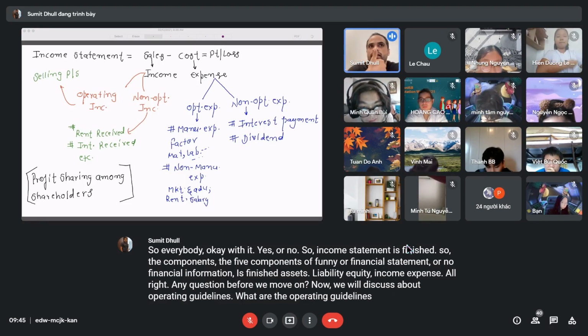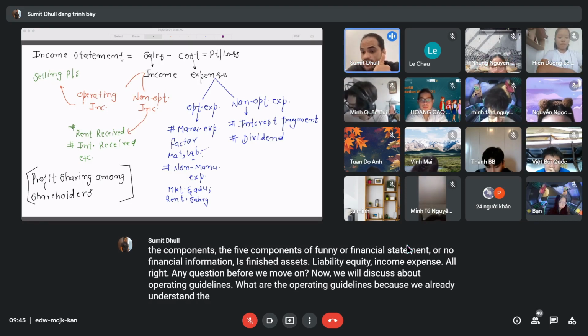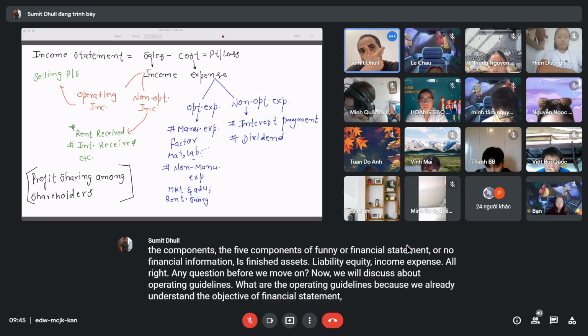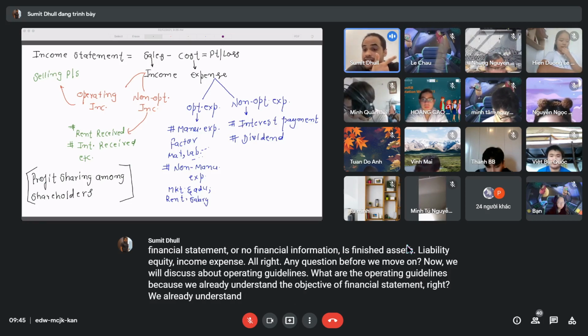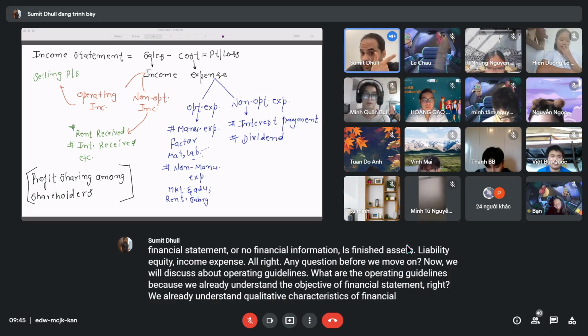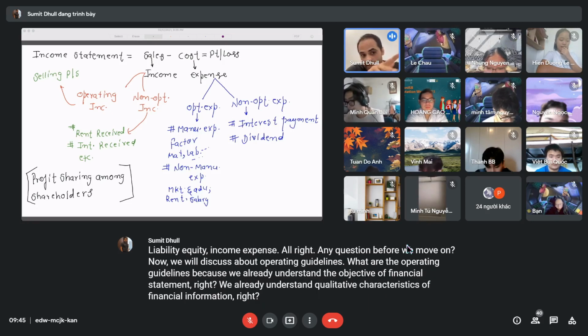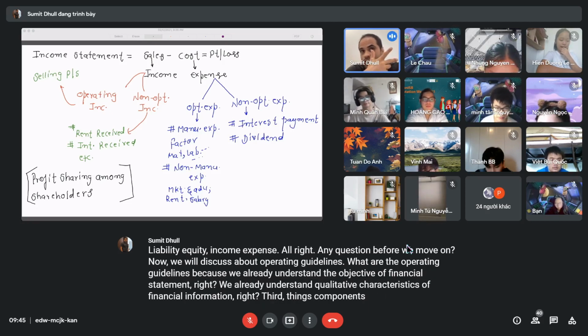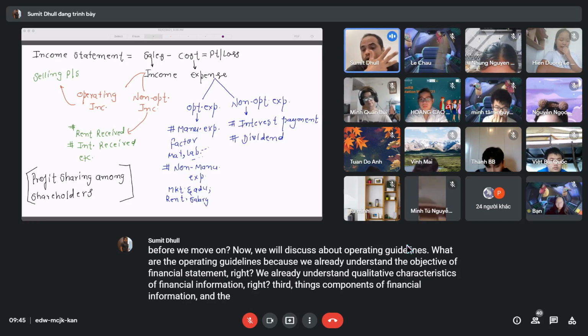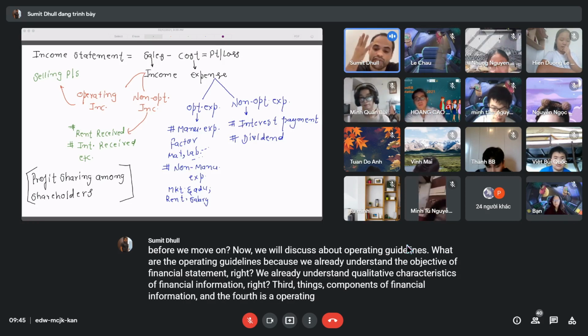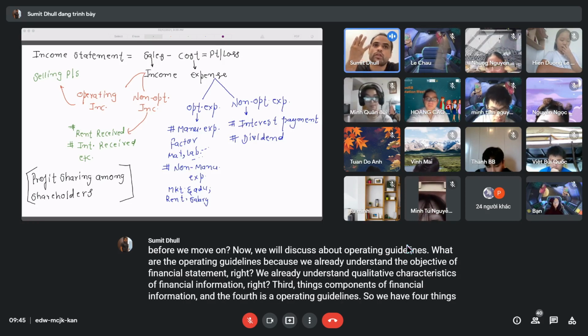Because we already understand the objective of financial statement, right? We already understand qualitative characteristics of financial information, right? Third, components of financial information. And the fourth is operating guidelines. So we have 4 things related to conceptual framework.